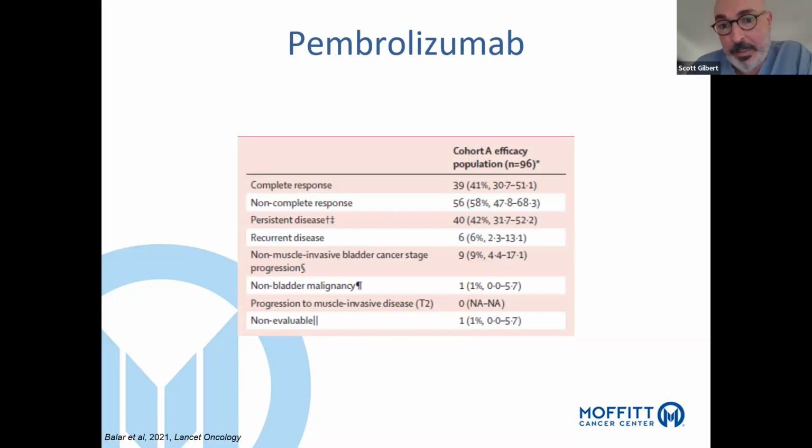And it's a systemic infusion, so systemic therapy, and the side effects, although not very common, can be very problematic. So skin rashes, thyroiditis, pneumonitis, requiring high dose steroid therapy can occur in 10 to 15% of patients.